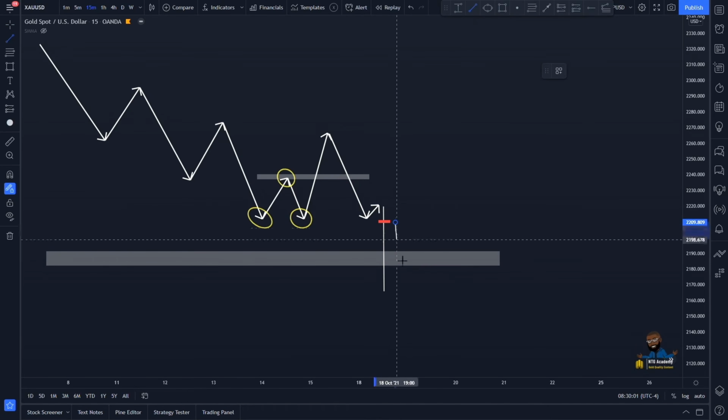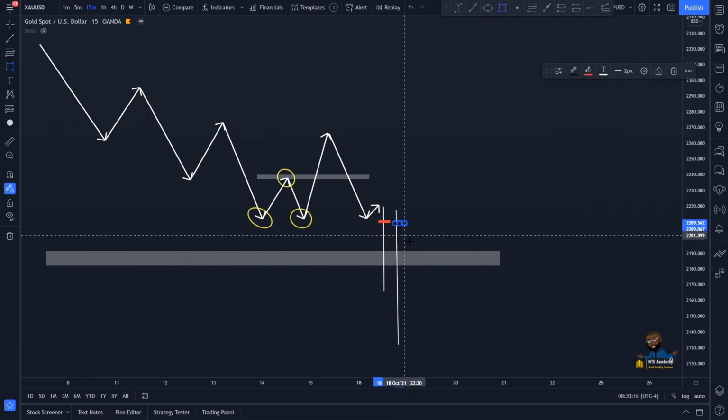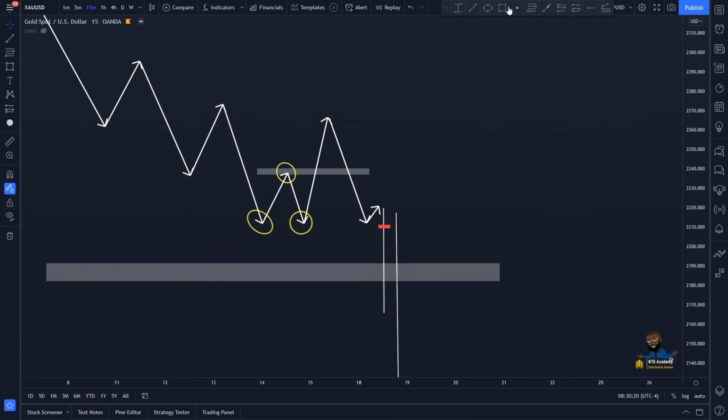And then we test it again. It gives us an even longer push. So we're here in the zone. Let's actually go here. There we go.